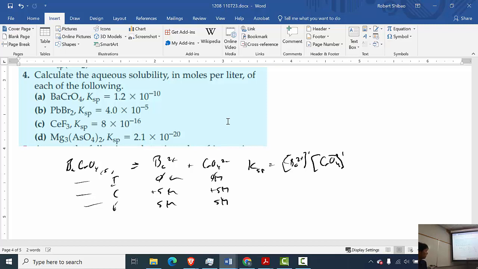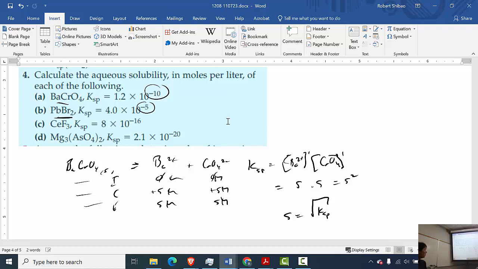That's what we call the saturated solution, i.e. the solubility here. And so this is going to equal S times S, which is equal to S squared, and the solubility is equal to the square root of the Ksp. We can't compare the Ksps directly because of the way things split up. So it appears that barium chromate is less soluble than lead bromide.